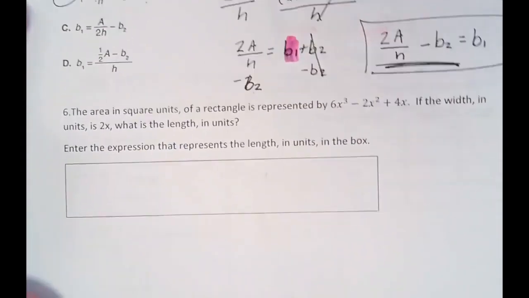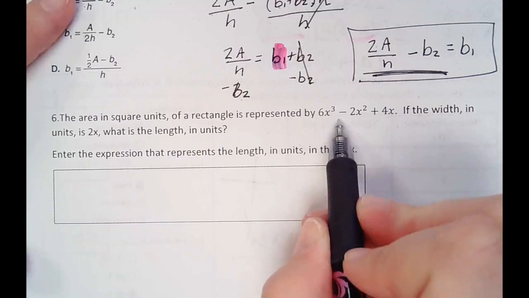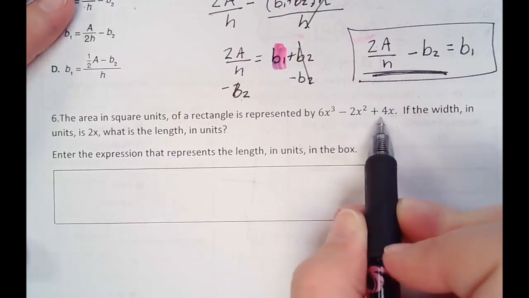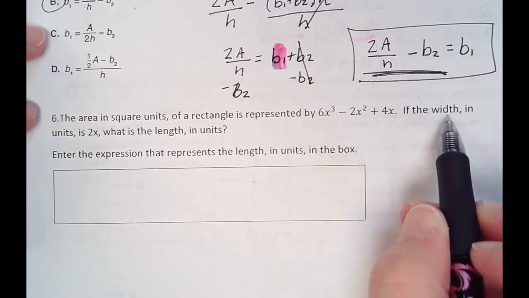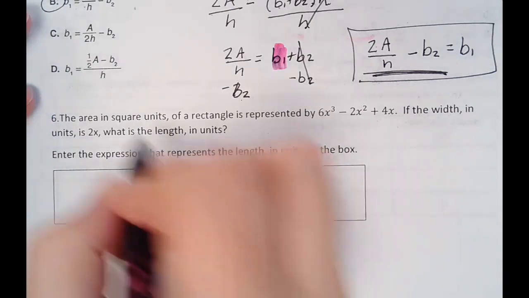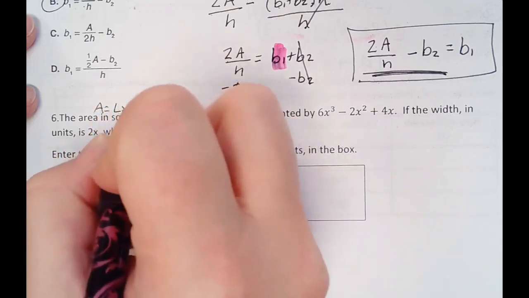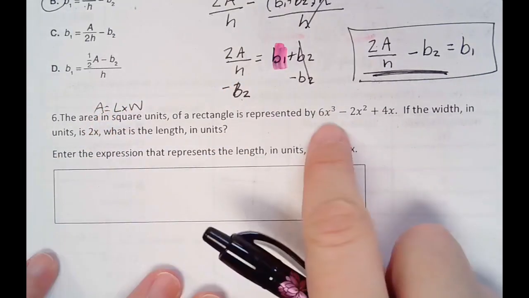Number 6, it says, the area in square units of a rectangle is represented by 6x cubed minus 2x squared plus 4x. If the width in units is 2x, what is the length? So area of a rectangle is length times width. So they gave me the whole area.